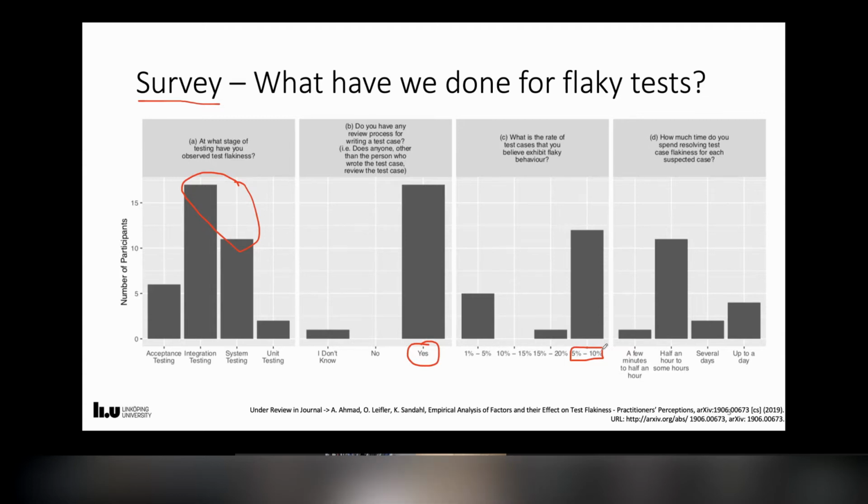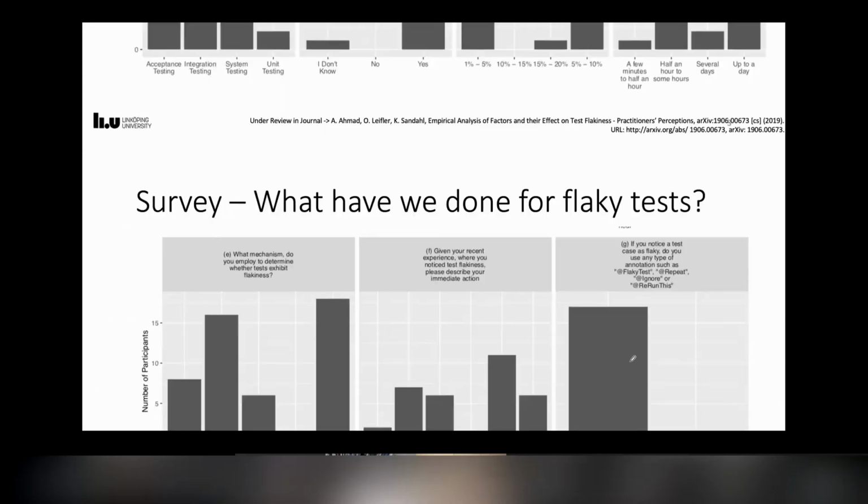then this amount is a bit bigger. And when we asked them how much time they spend resolving test flakiness, we noticed most take some hours, one takes several days, and a few take up to the day. So we were trying to find out whether this is the real problem in software companies or not.